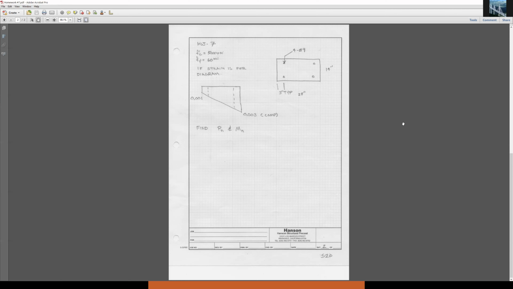This one is a little different than the 5 points I did in the example, but you should be able to take this strain diagram and follow the methodology that I did for one of those 5 points. This is like a 6th point. It is not exactly the same as any of the 5 points that I did, but you should be able to follow how I did those 5 points and do the same thing for this.